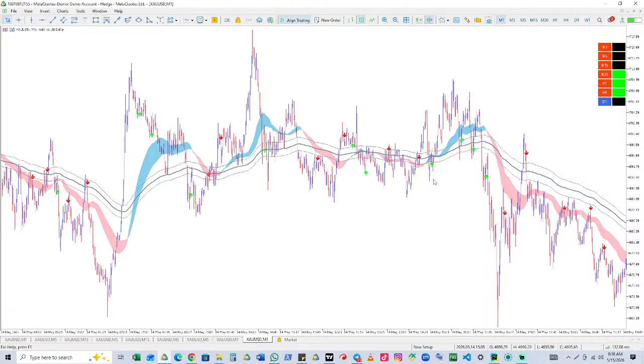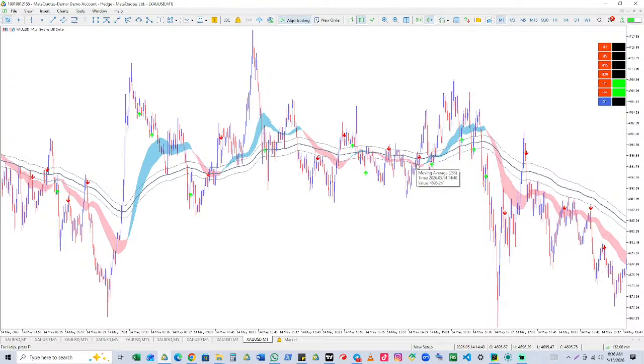Why do they fail? Strategies do fail, but why? This indicator is based on the trend. That is the idea of the indicator.